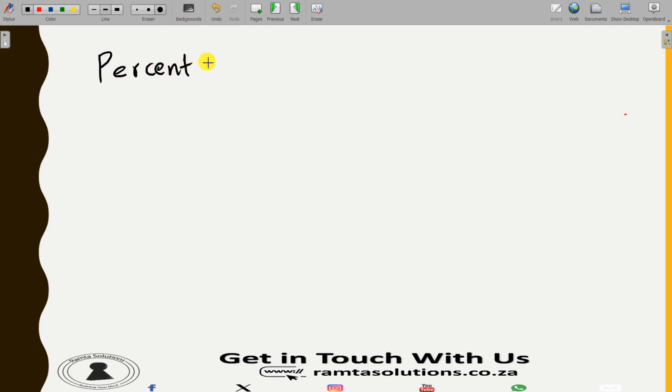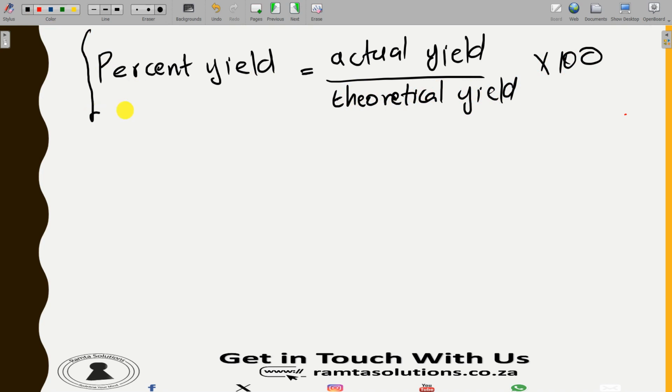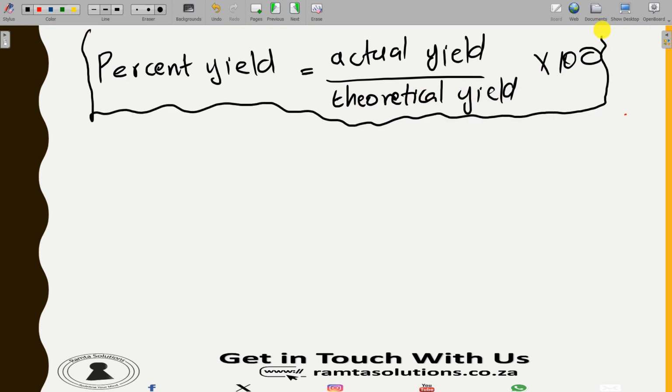It is basically actual yield over theoretical yield, and of course, you multiply by 100 because you said percent. So this is your percent yield.